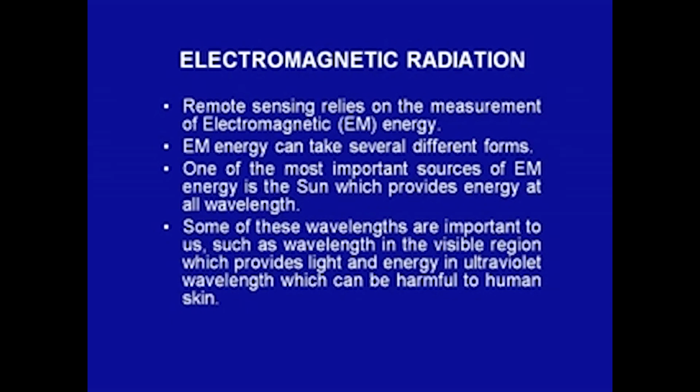EM energy can take several different forms. One of the most important sources of EM energy is the sun, which provides energy at all wavelengths. Some of these wavelengths are important to us, such as the wavelength in the visible region, which provides us light, and energy in the ultraviolet wavelength, which can be harmful to the human skin.